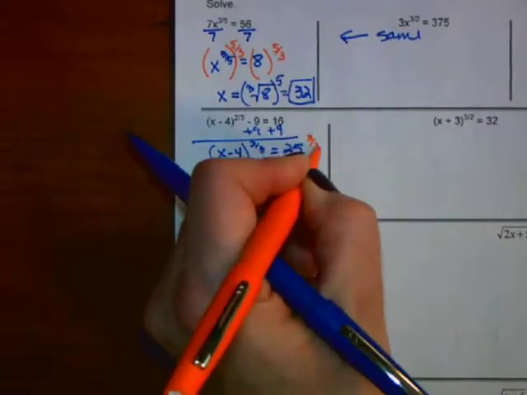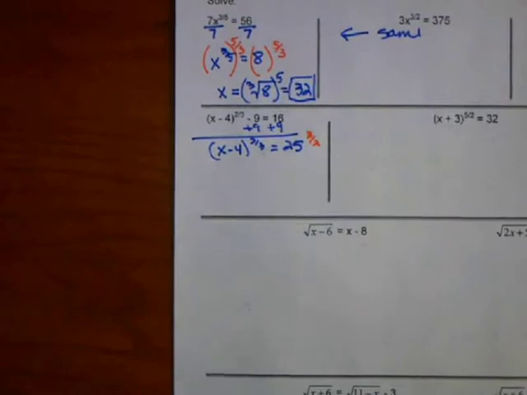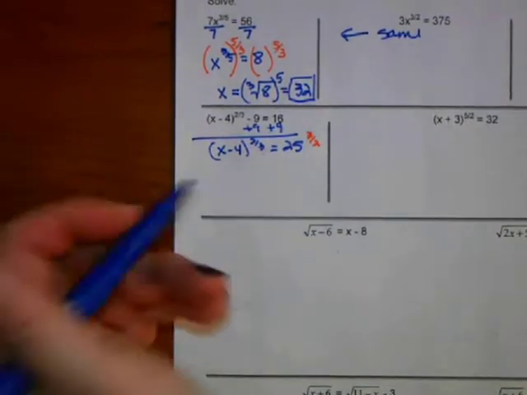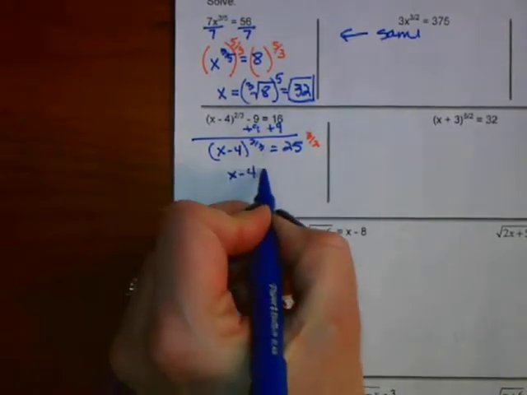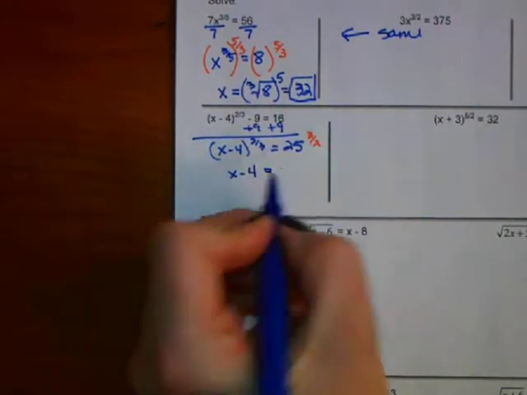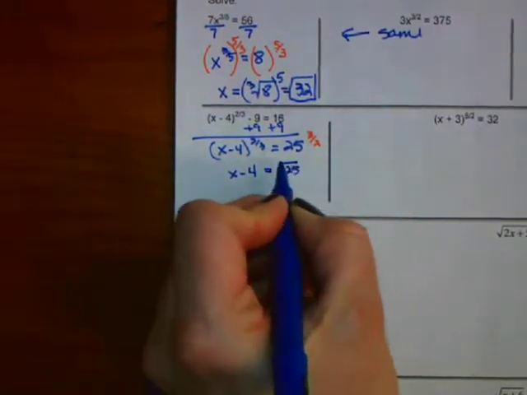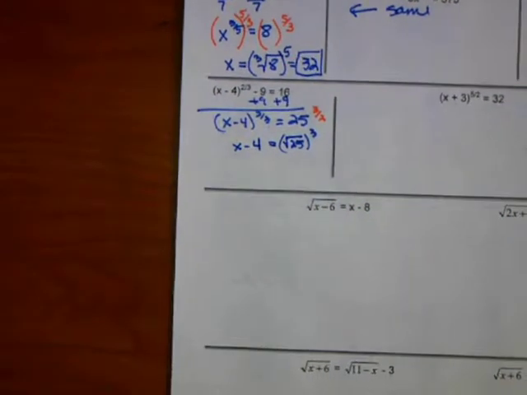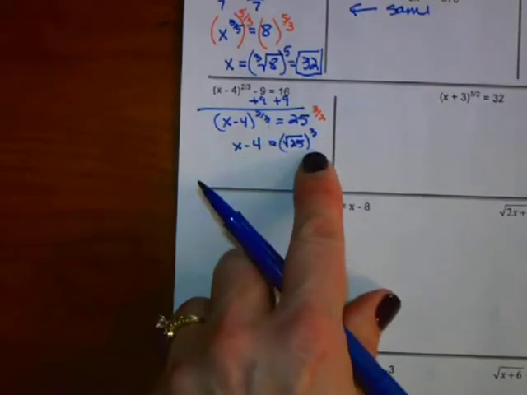I'm just going to write 3/2 here, just for the sake of simplifying things. If I do this side, this goes away as well, right? So I'm just going to write x minus 4 equals, I can rewrite this as the square root of 25 cubed. I'm going to keep this like this until I figure out what this is.